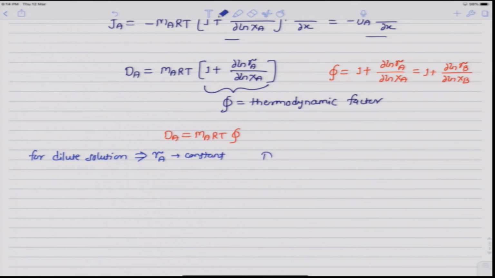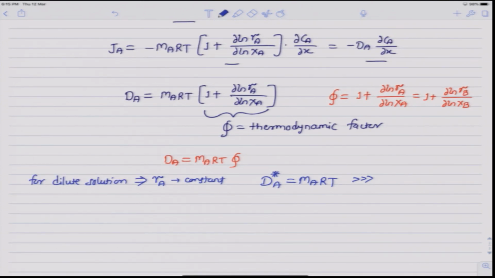And again, when I am considering dilute solution, d A is nothing but d A star. So, the tracer diffusion coefficient d A star is simply equal to M A R T. This is what we have already derived. Again, this equation we have derived for a binary system.